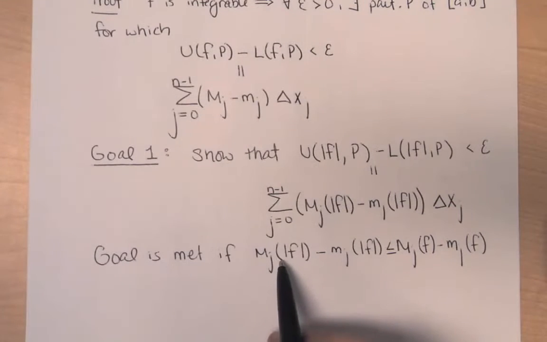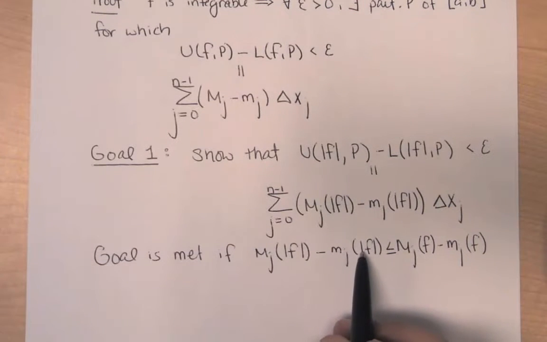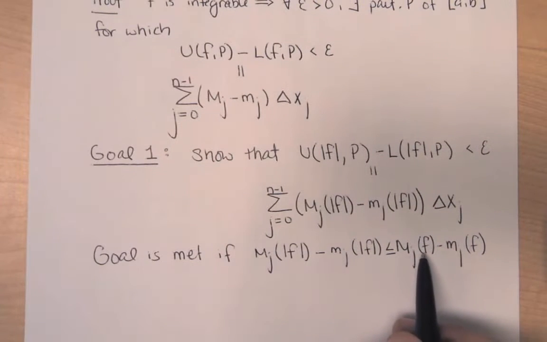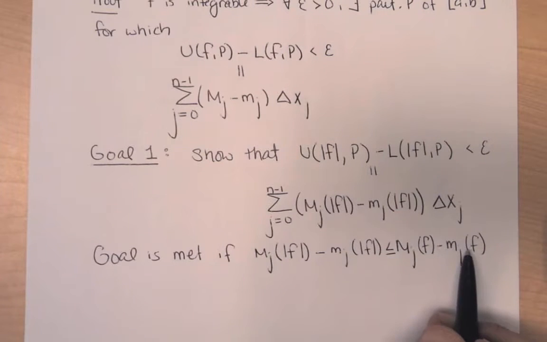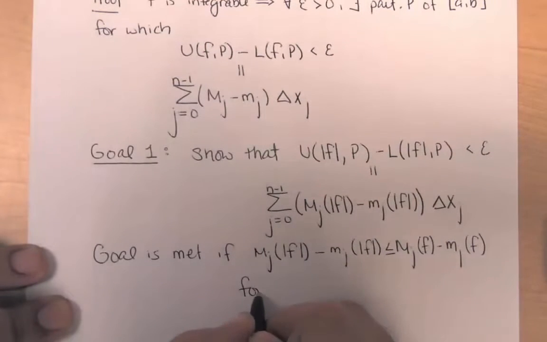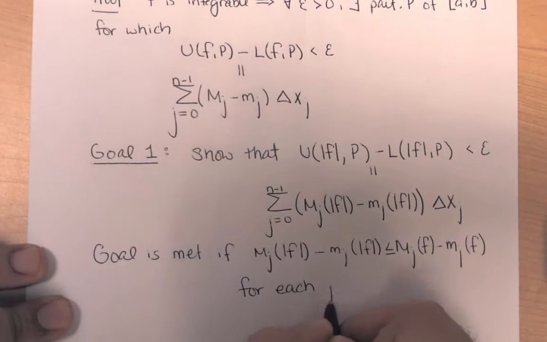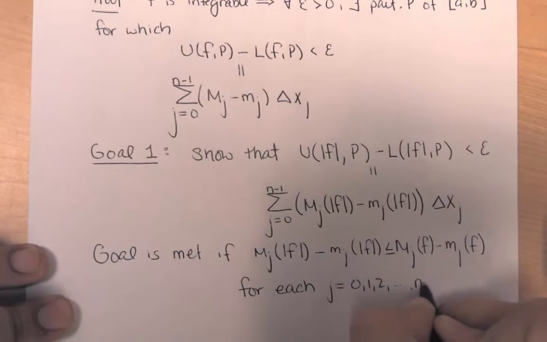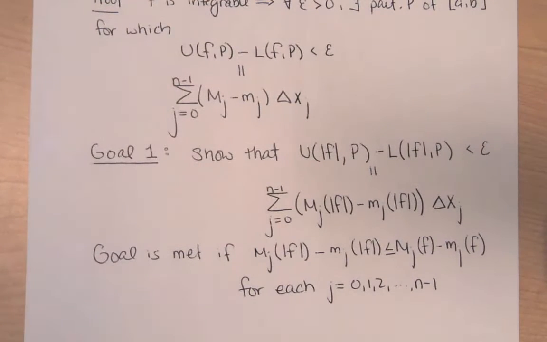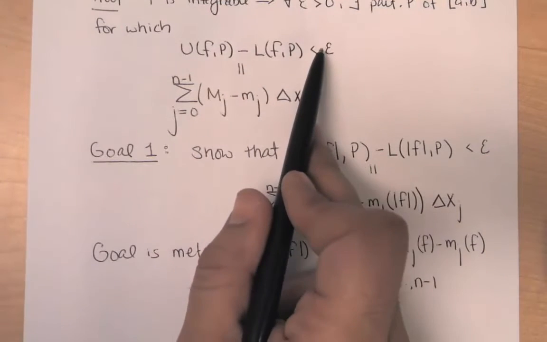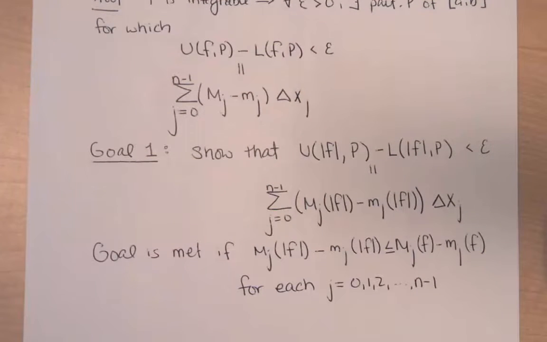In other words, the supremum of the absolute value minus the infimum of the absolute value over a subinterval is less than or equal to the supremum of just f minus the infimum of just f over the subinterval. And I need to show this for each j, 0, 1, 2, all the way through n minus 1. Right? So this is what I want to show. If this is true, this is less than this, which is strictly less than epsilon. Okay, so let's set upon our goal.